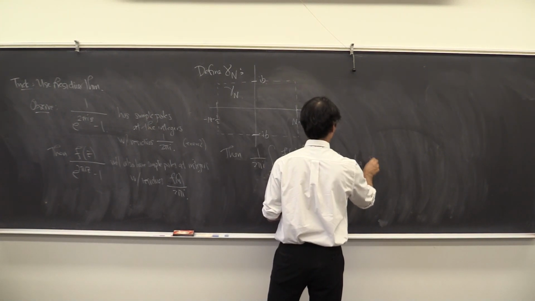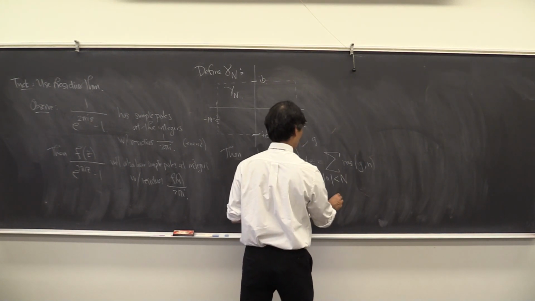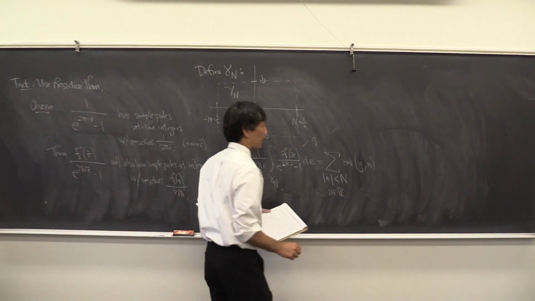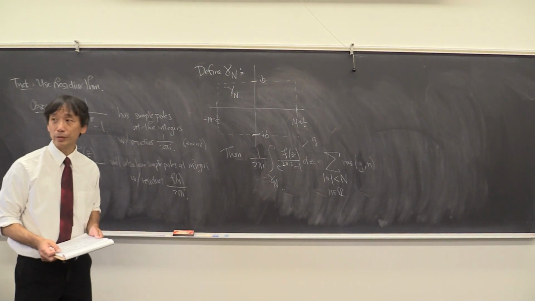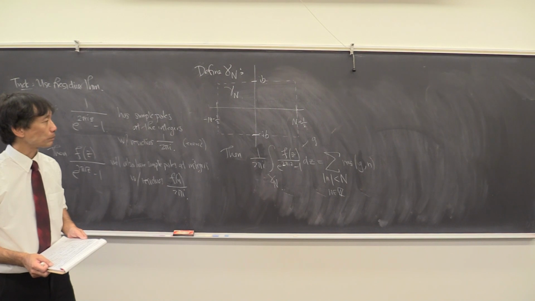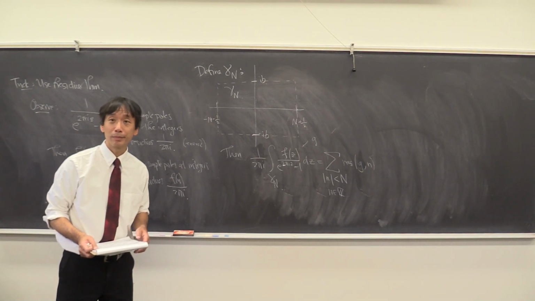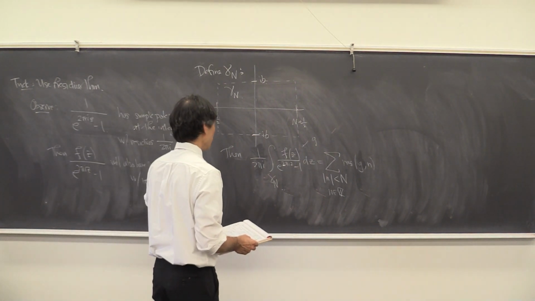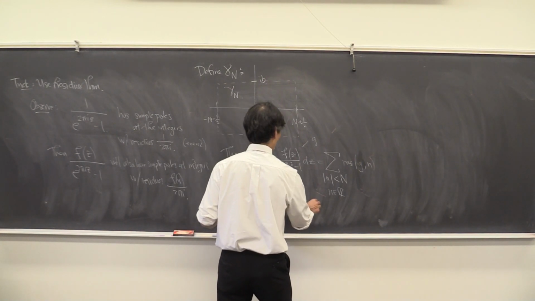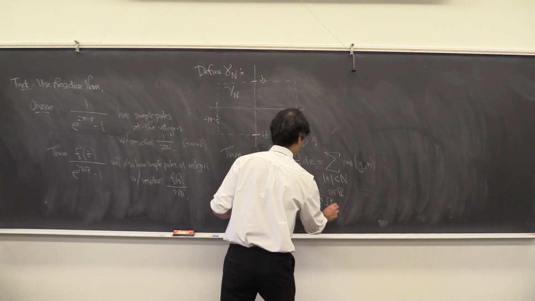At the integers n where the size of n is smaller than capital N. That's just the residue formula. We already know that those are 1 over 2 pi i f of n.